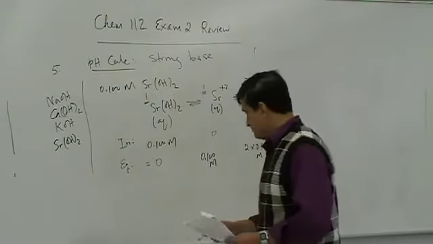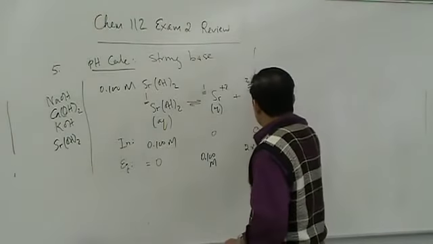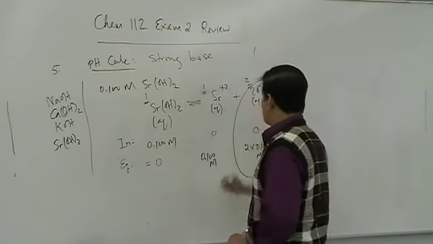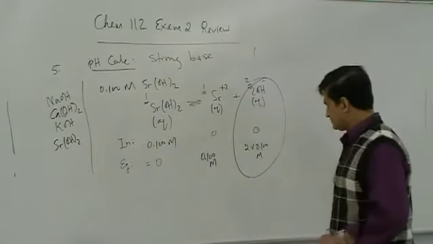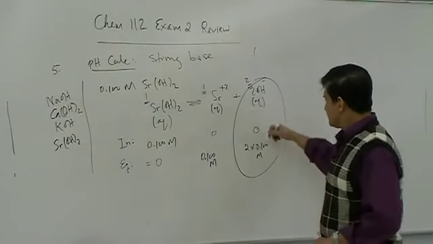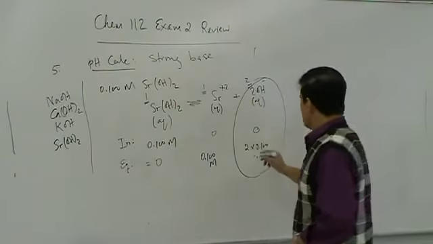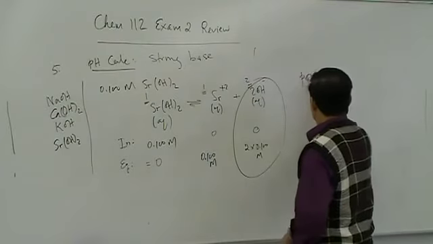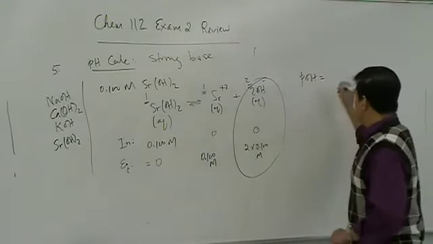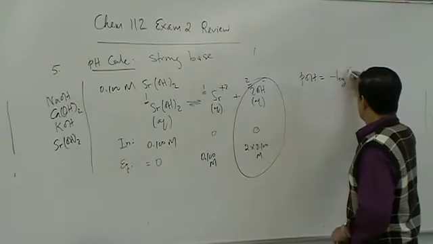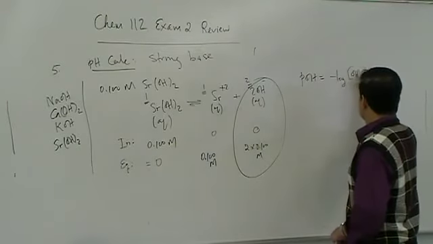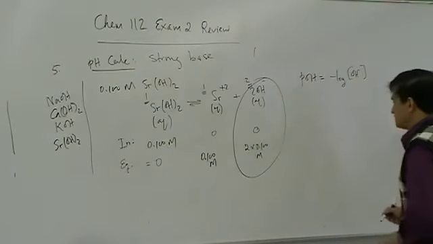Now this time, we're interested in this number in order to get the pH calculation. We're going to first calculate pOH, because that would be given by, just like pH, minus log of OH minus concentration. That's pOH.